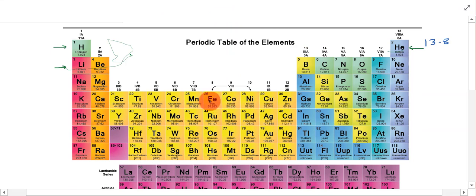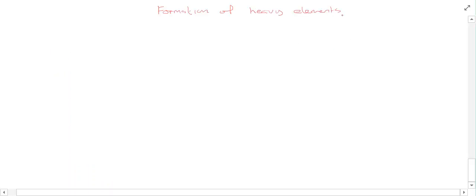So let's say from cobalt on, elements that are greater than iron, Fe and above. So how are they formed? We have this process, and it's called the neutron capture process.